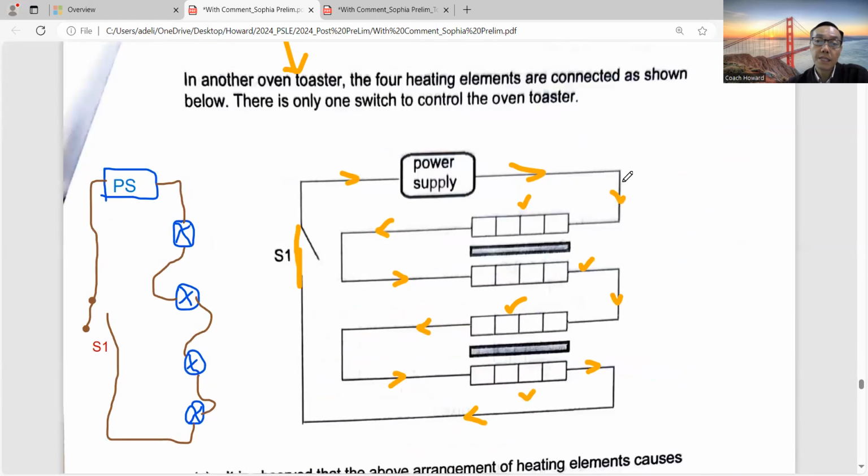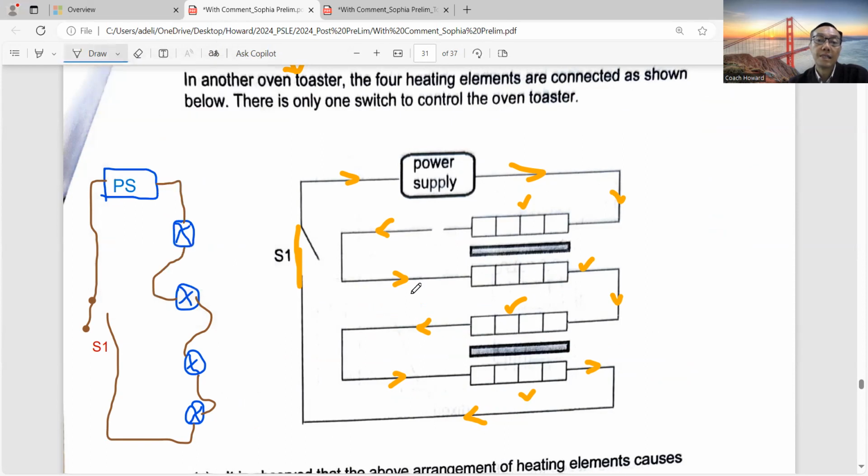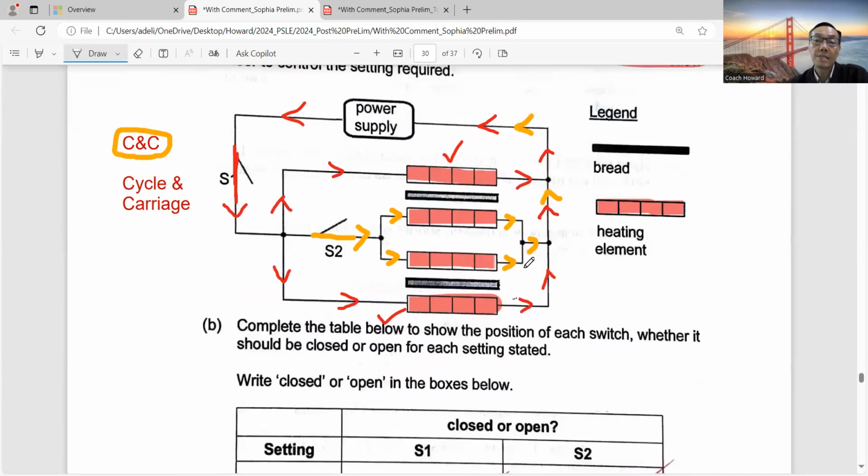Notice this one is actually a series circuit. If there's any break here, for example, if I use a white eraser here, if there's a break in the circuit, the power will be cut. However, in the earlier circuit, you see this one, S1 and S2, they are actually connected in parallel. So if I break this part, you notice the currents can bypass this.